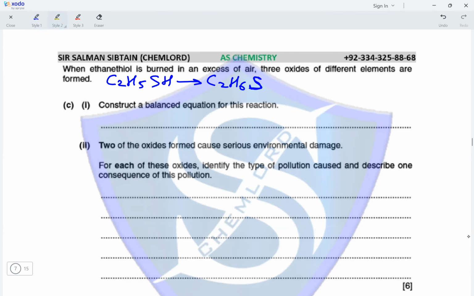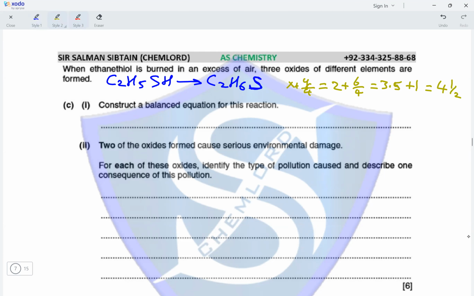So that would be x plus y upon 4, which would be equal to 2 plus 6 upon 4. 6 upon 4 is 1.5, plus 2 is 3.5. And we need to add 1 oxygen molecule for sulfur. So that gives us a total of 4.5 moles of oxygen.